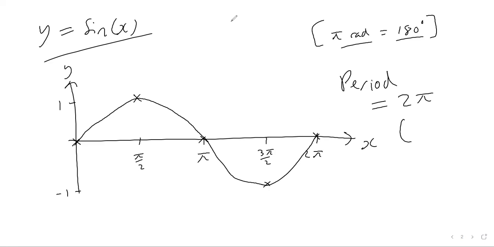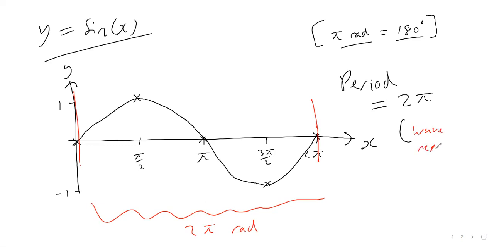So the shape is literally repeated in a time period of 2 pi radians. So your period for your wave is 2 pi radians. That's just a key thing to remember.